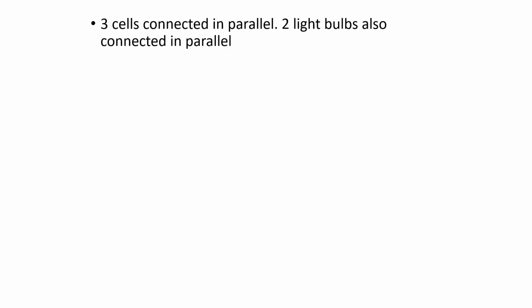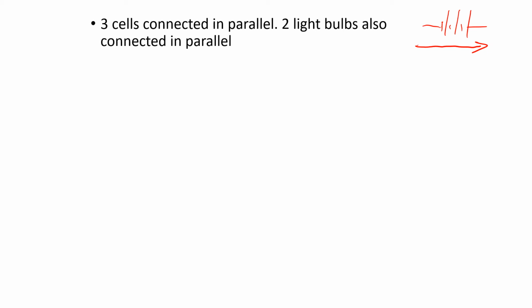Now we have a thing that says 3 cells connected in parallel. So this is when 3 cells are connected in series. The electricity must travel through here. So we have to make sure that these 3 cells, the electricity has an option, or the electrons have an option of going through those.